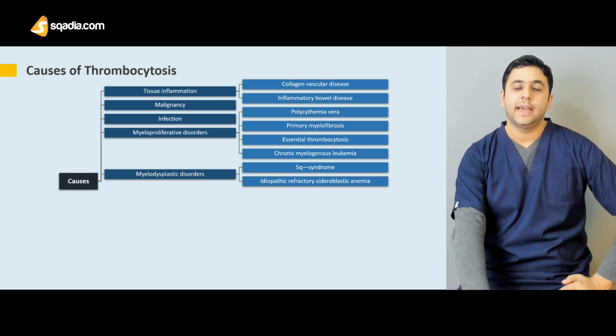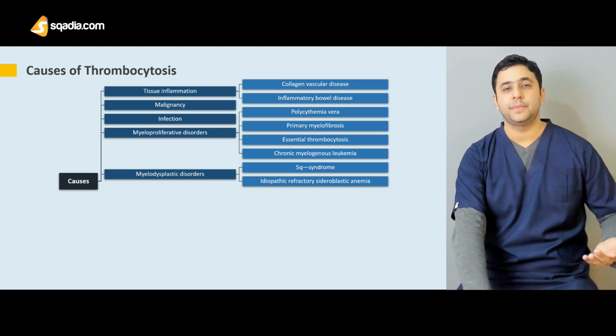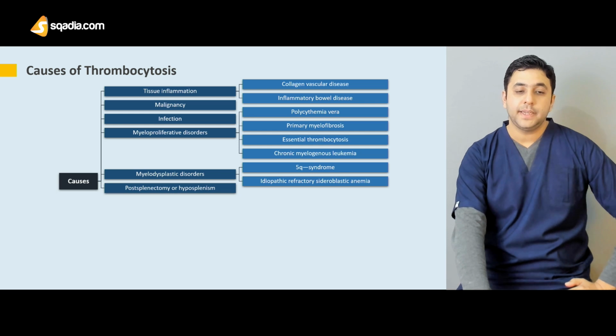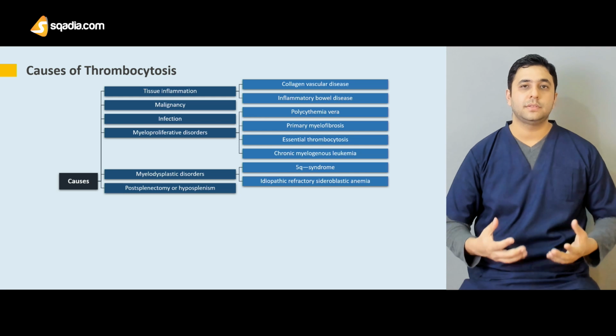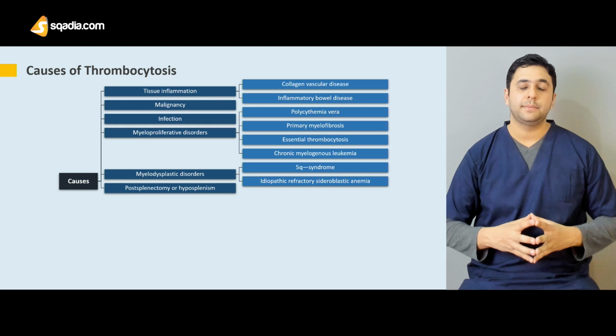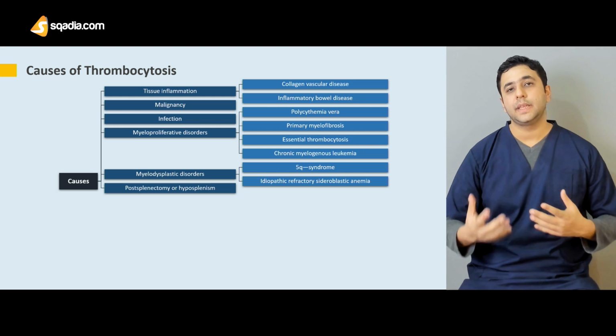Similarly, certain types of myelodysplastic disorders like the 5q syndrome or idiopathic refractory sideroblastic anemia are very rare causes of an increase in the platelet count, and the platelet count is not markedly increased in these cases. Another cause is splenectomy, post-splenectomy, or hyposplenism. The spleen is one of the sources that can store platelets in periods of stress.